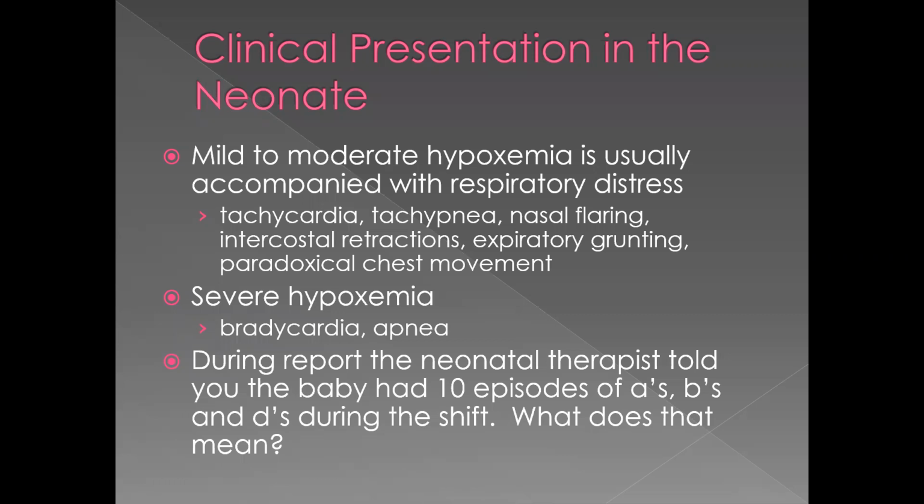So they probably have low lung compliance leading to all of this. It's one big package with low lung compliance, hypoxemia, and respiratory distress. When a neonate has severe hypoxemia, their response is that the heart rate drops, and then they go apneic.